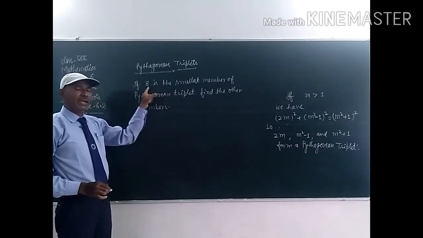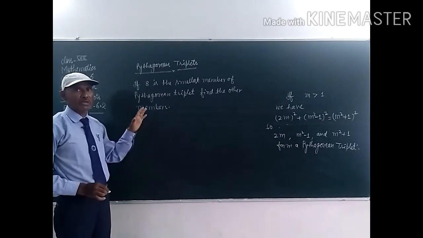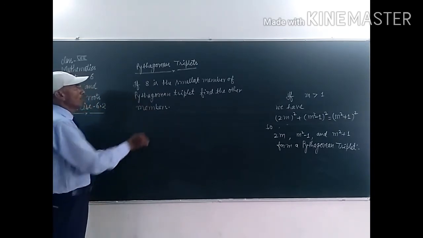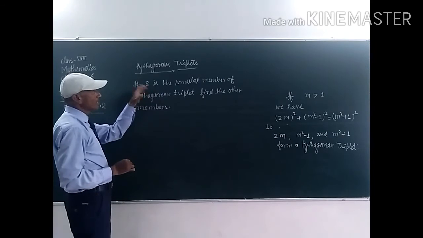One member is given and this is the smallest member, students. Clear? So first of all we have to find this.